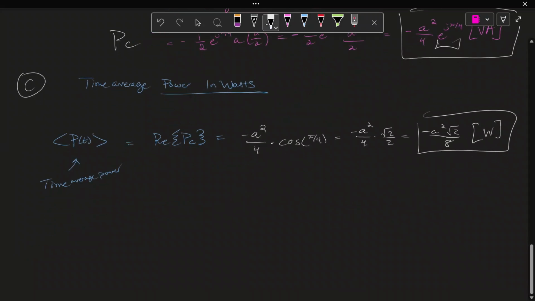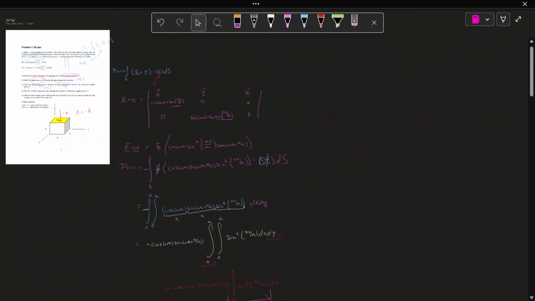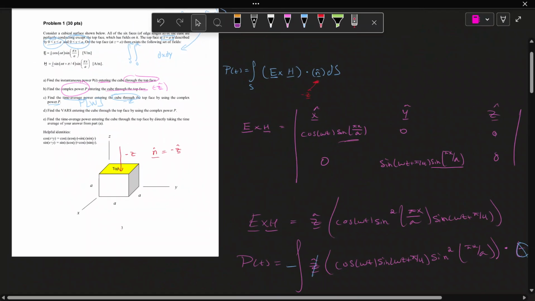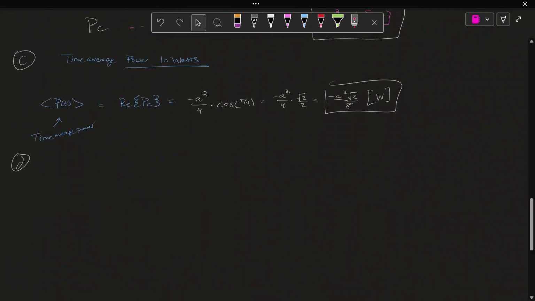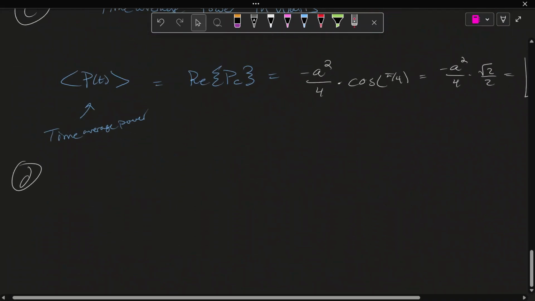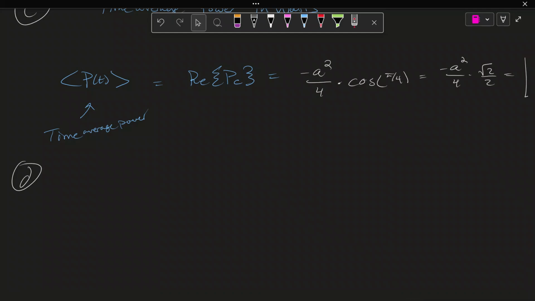Part D, I believe it asks for the vars. Let me see exactly how it words it. Yeah, find the vars entering the cube through the top face. Again, through the top face. If it said instead, for whatever reason, coming out of the top face, we just take the negative of it.